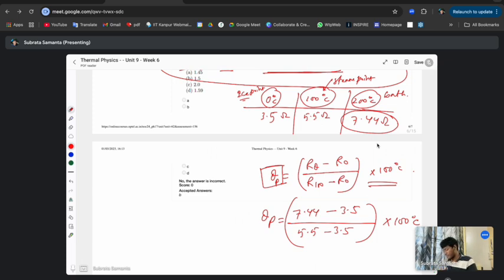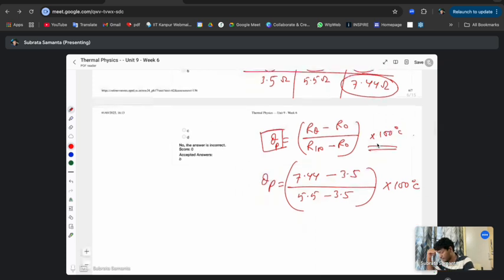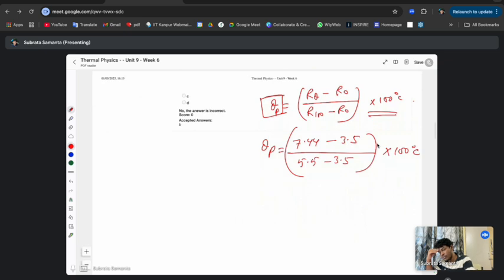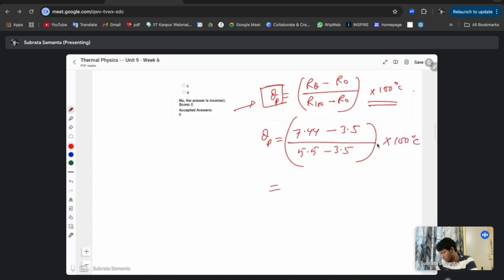So I have to calculate using the calibrations, using the thermometer, the platinum resistance thermometer. This is your formula to compute theta p. So you just calculate this, and this gives you 197 degree centigrade.